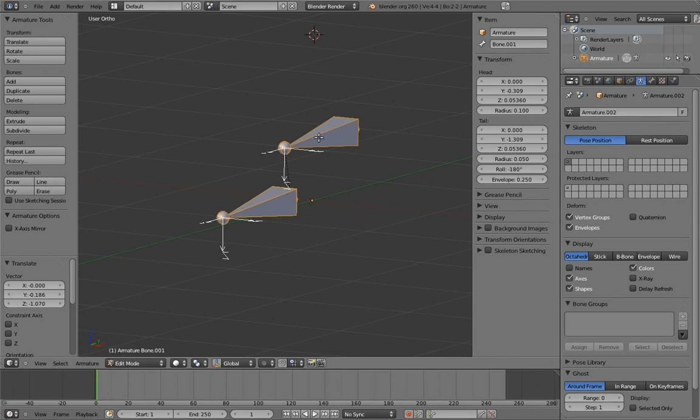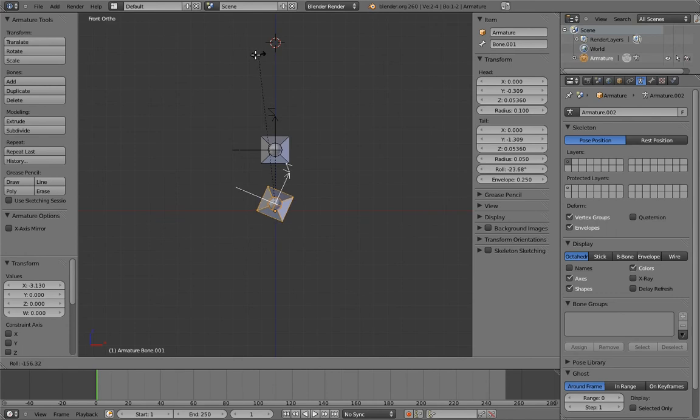Select the bone, and press Ctrl R to roll the bone in edit mode. You can also change a bone's roll in the end panel here. By positioning the endpoints of bones and setting the roll, you have complete, full freedom to place the bones however you want.